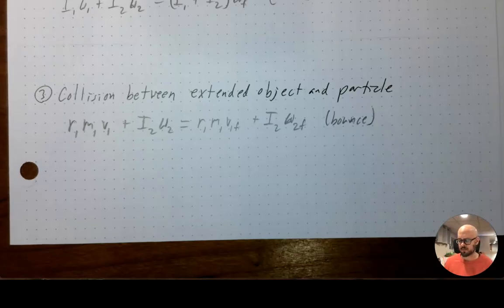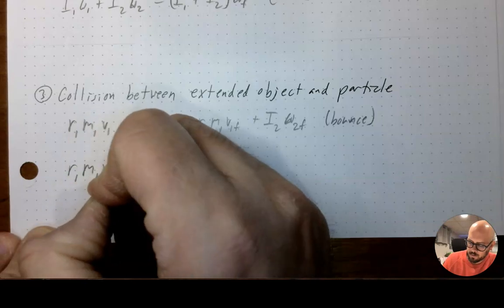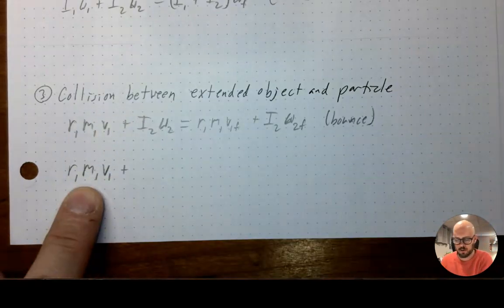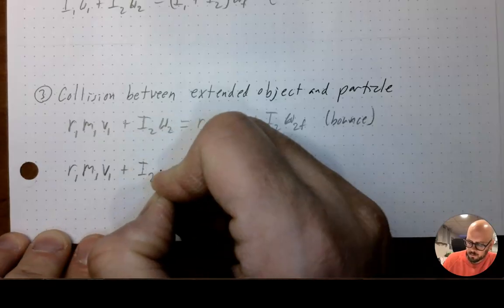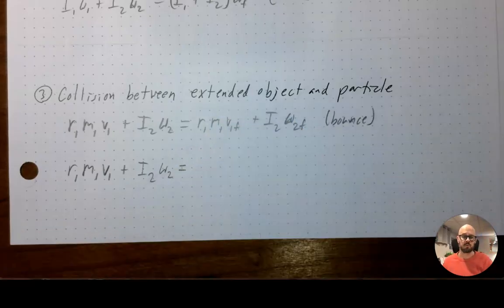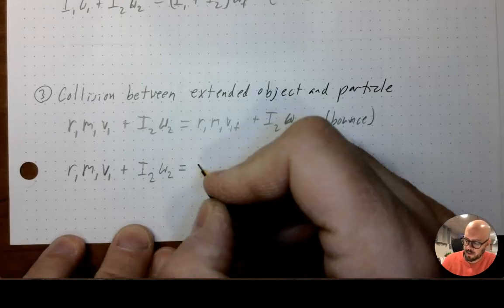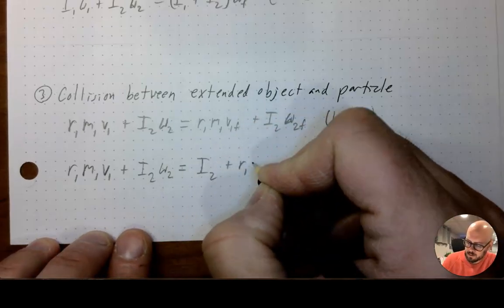And then the example of, let's say, lacrosse: if you are catching the ball in your stick, the ball would be coming at your stick with the angular momentum of a particle. Your stick would have its own angular momentum. Now, if you're trying to catch the ball, you're probably not going to be moving the stick around a lot when the ball gets there, so that might be 0. But when they collide, they will have a combined rotational inertia.